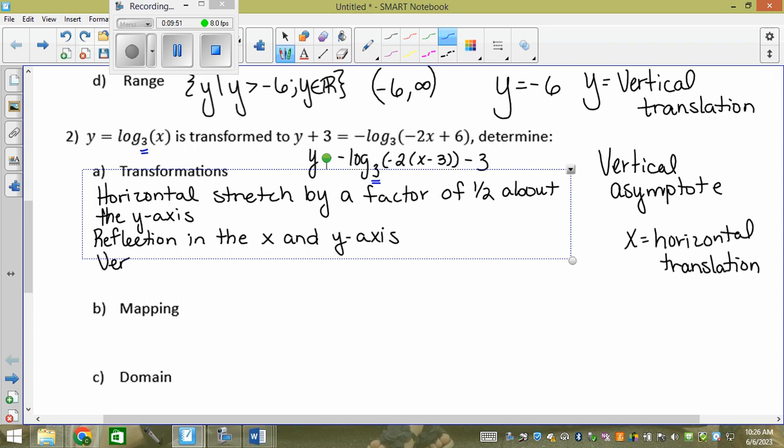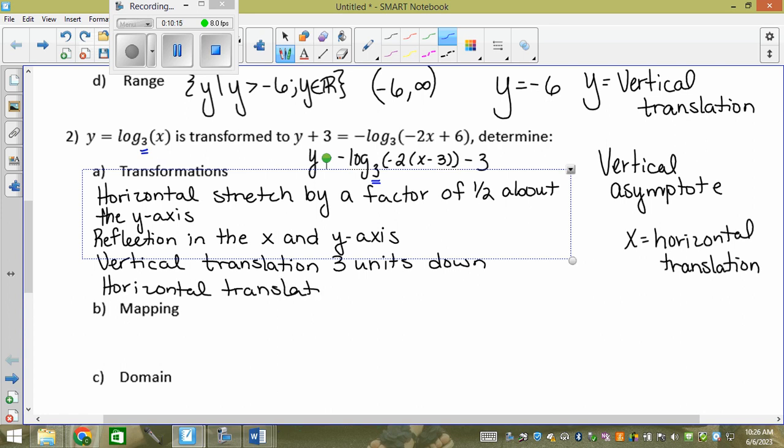I have a vertical translation 3 down, and a horizontal translation 3 units right.